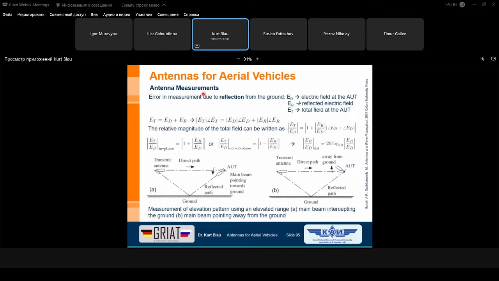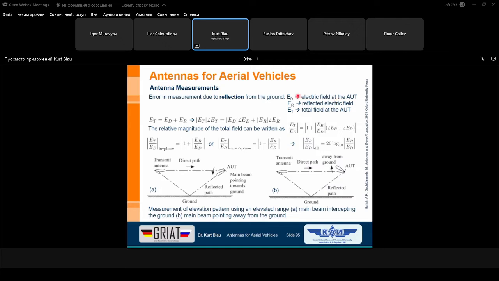This is shown in this slide: error in measurement due to reflections from the ground. Let's assume E with the index capital D. This is the electric field at our antenna under test.